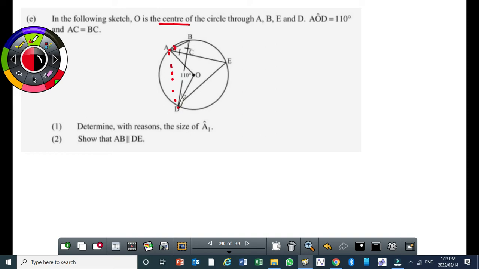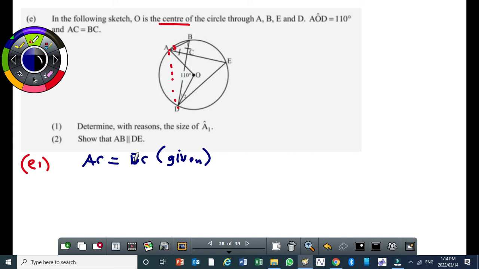Okay, so for E1, the first thing that I'm going to write is to say AC is equal to BC. This is given. There's a reason why I need this.